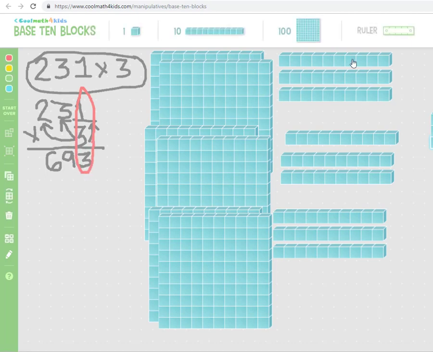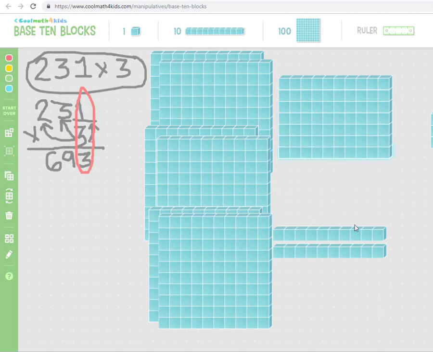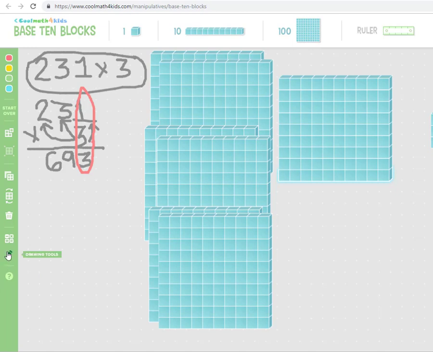Now the next thing I have, the 3 tens in my number 231, also happened 3 times. So 3, 6, 9. I had 3 times 3, or 9 strips of 10, 90. 3 threes. It's not really 3 threes, although that's what we write.